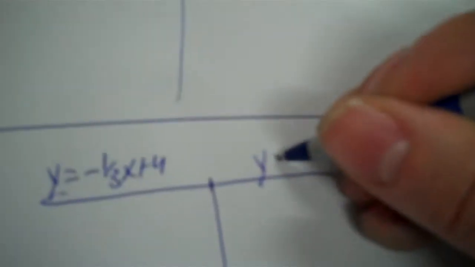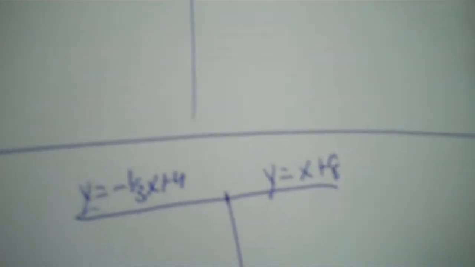Okay, example 2, y equals negative 1/3 x plus 4, y equals x plus 8. Example 2. Okay, so I have y is equal to negative 1/3 x plus 4, and I have y is equal to x plus 8.